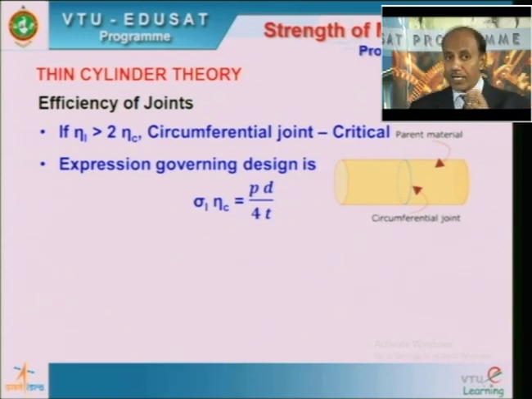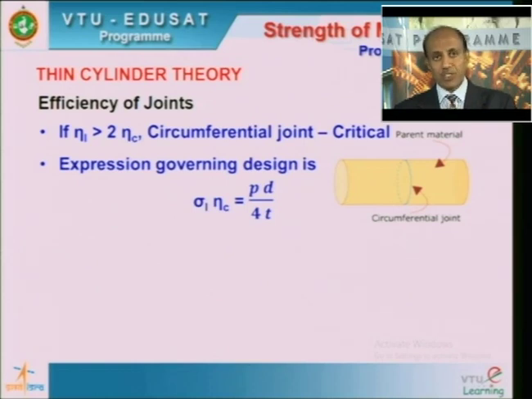So, you are now considering the expression for the stress acting perpendicular to this circumferential joint, which is nothing but the longitudinal stress, and the expression for it is PD by 4t. Because of the joint we bring in that efficiency term, so you write sigma L into eta c equal to PD by 4t.